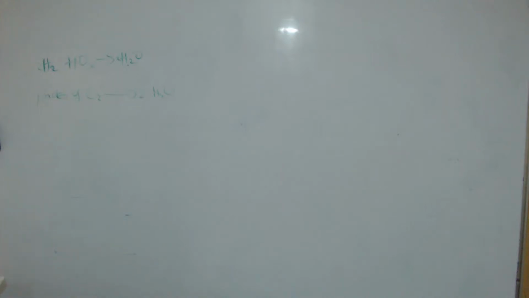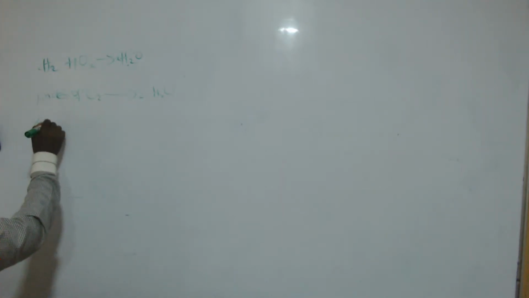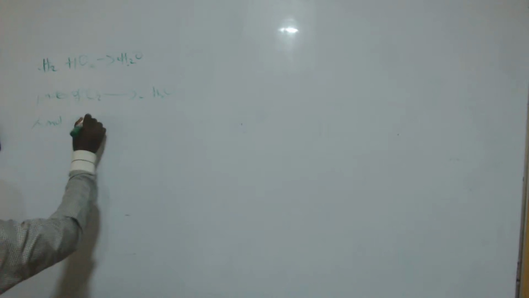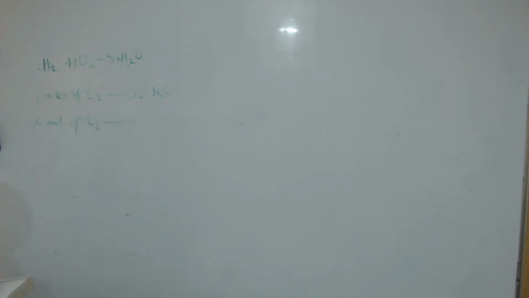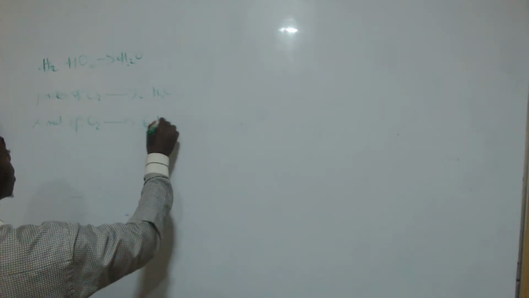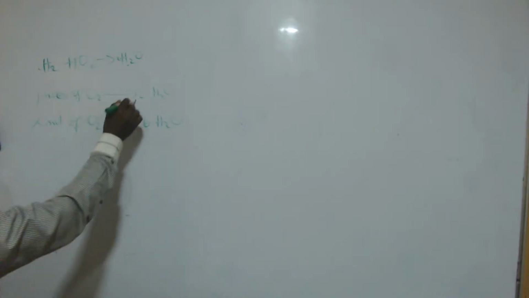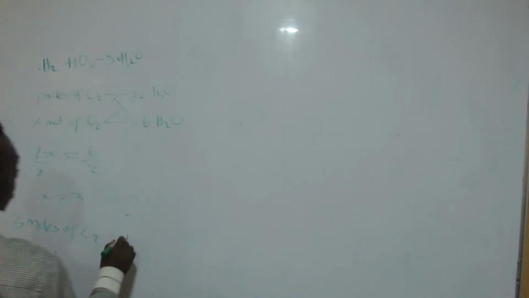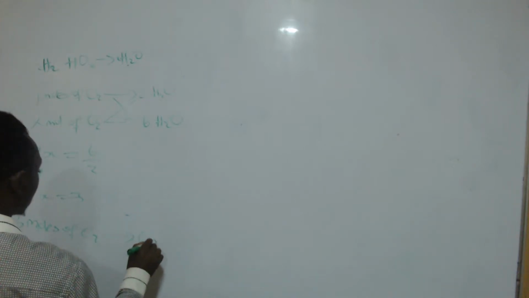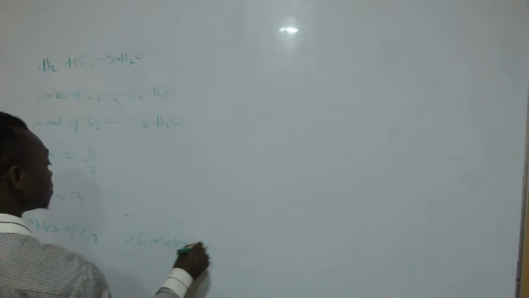Now they're asking how many moles of oxygen will give you 6 moles of water. So let me just say X moles of oxygen should give you 6 moles of water. This is just normal cross multiplication. So 2X is equal to 6, which gives 3 moles of oxygen to get 6 moles of water.